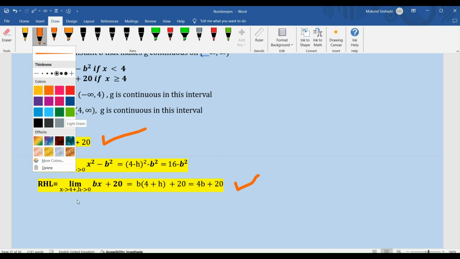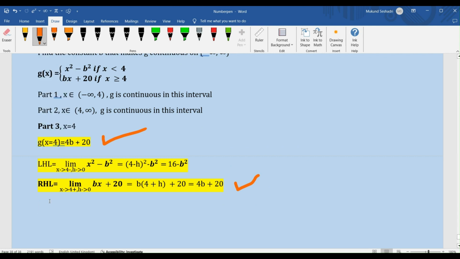And how do I check if the function is continuous from the left? For the function to be continuous from the left, my LHL has to be equal to my RHL, equal to g of x at x equals 4, right? And this is what we have from the rule book of continuity.